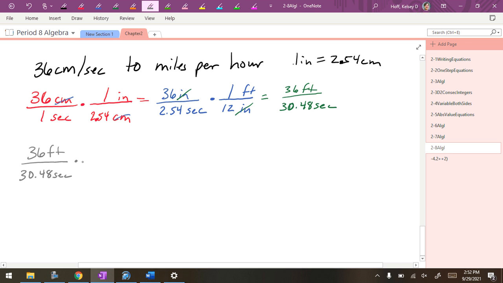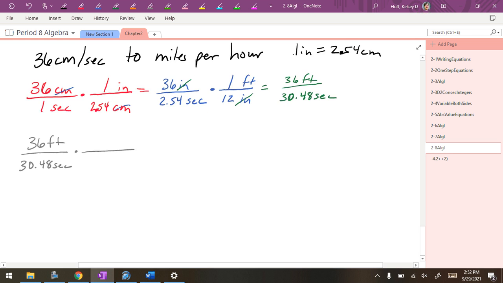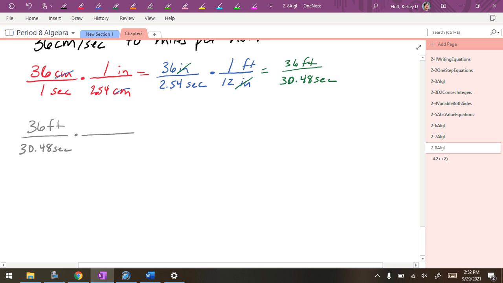Okay, what are we going with now? Feet is going to miles. Where's feet got to go? Bottom. What's your connection? 5,280. Feet cancels feet.